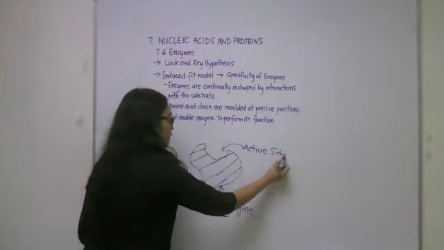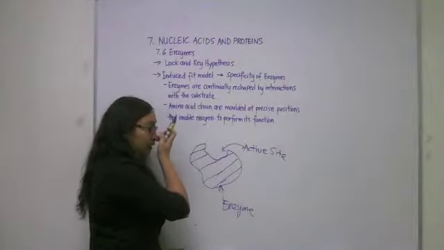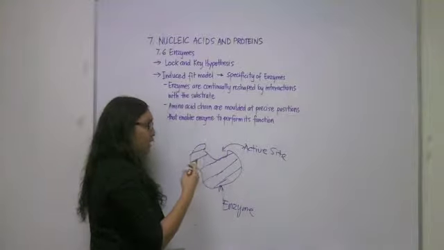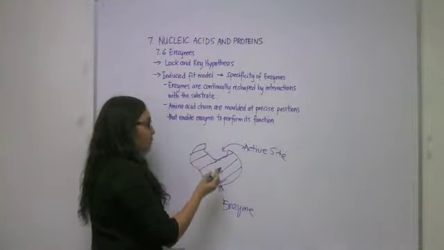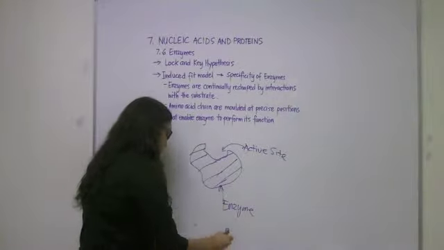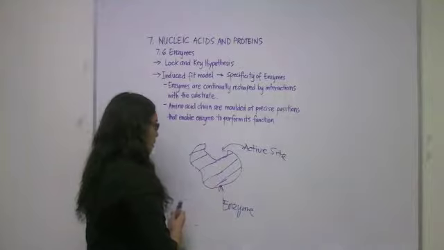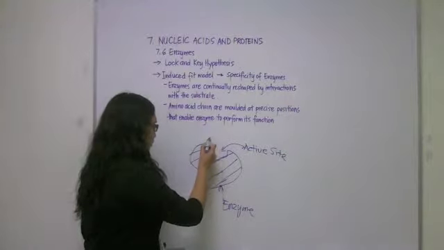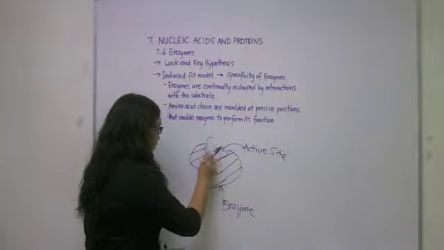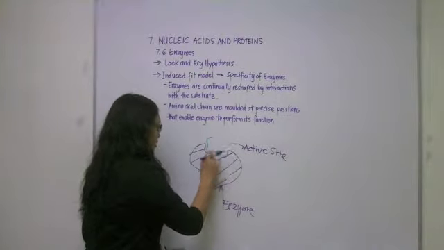Here in the active site, there are amino acid residues that should match with the substrate. So if the substrate binds onto it, let's just say I'm going to draw it here.